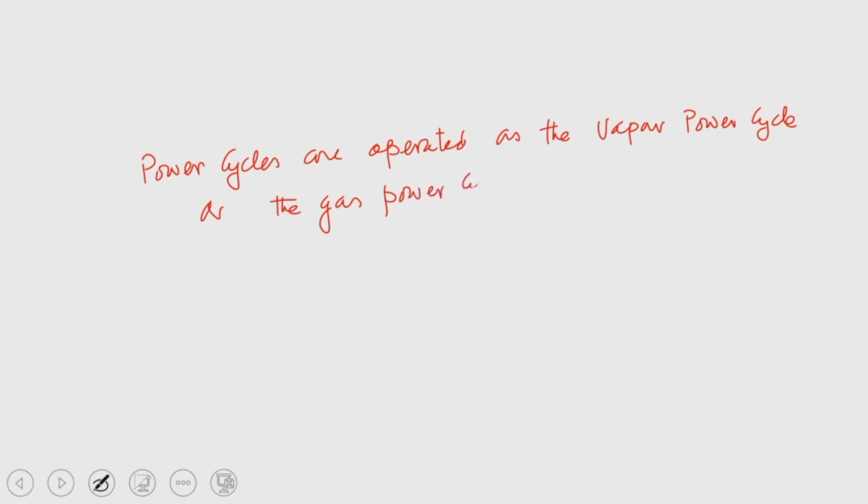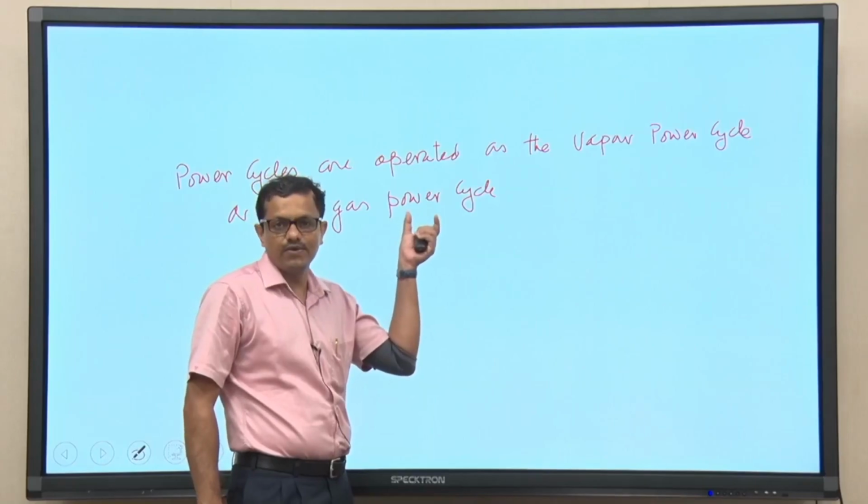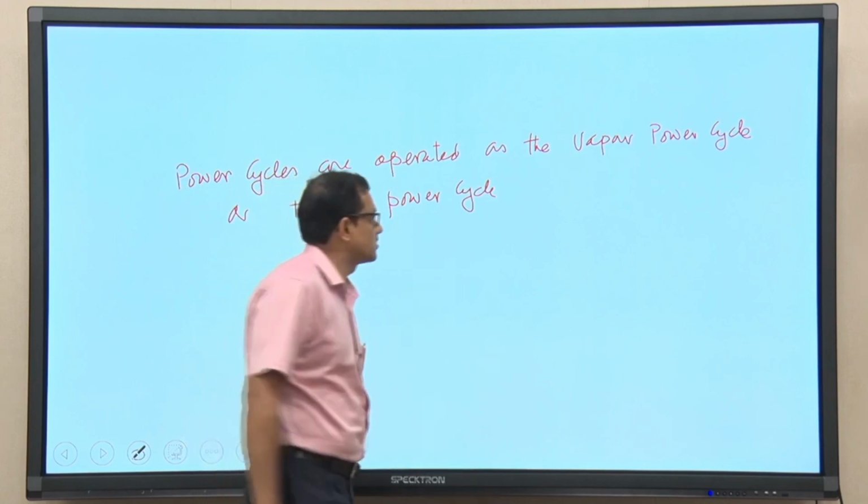See, this classification or sub classification is based on the type of the working substance that is used. So, whether the power cycle will be vapor power cycle or gas power cycle, the sub classification depends on the type of the working fluid, the working substance, that is used.